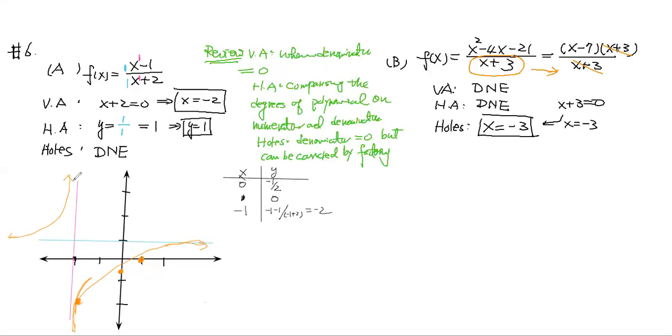That's because rational functions reflect over the asymptote, so if you can get one side, you know what the other side is going to become.